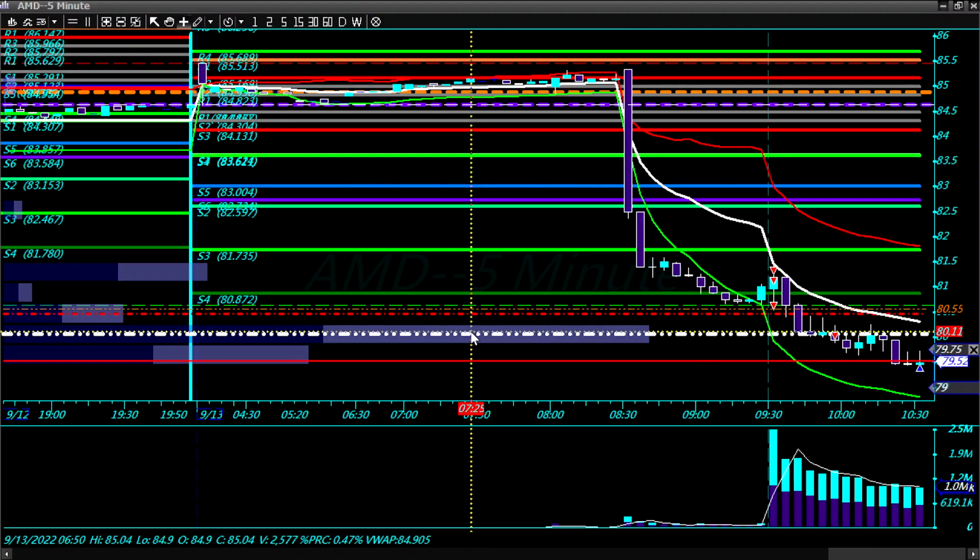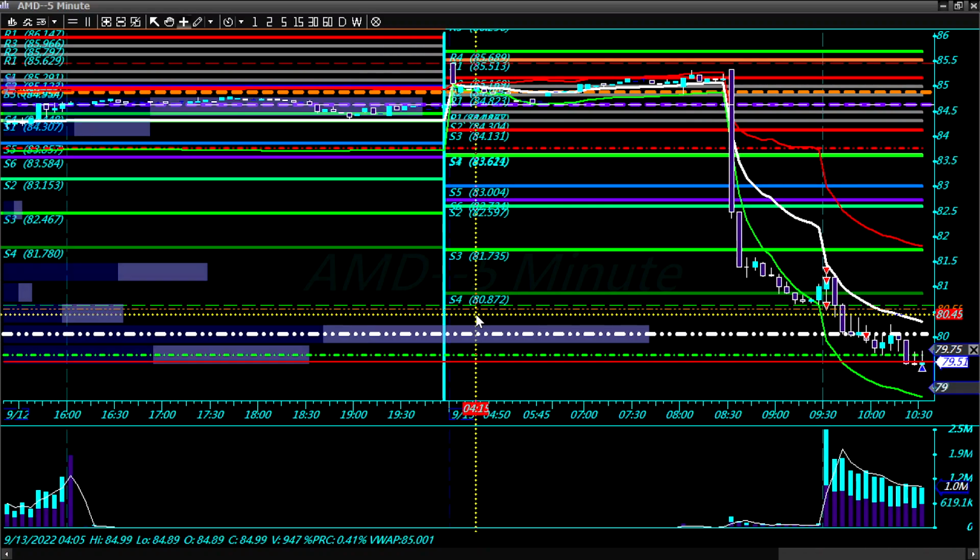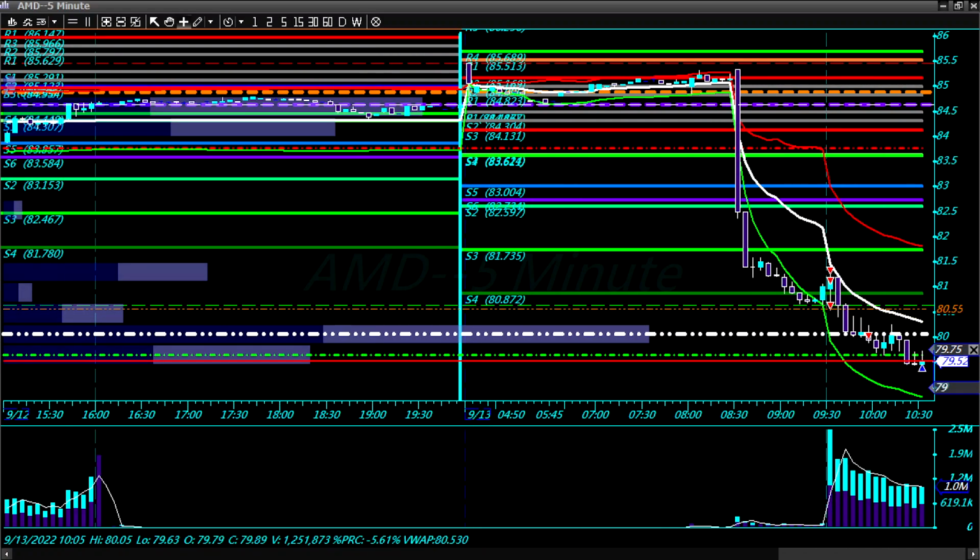Let's see what kind of Camarilla levels we have today. Although it's kind of insignificant right now because of the CPI numbers that came out. But just for good measure, let's go over that. So we have an overlapping lower value relationship with R3 today at 85.16. S3 is at 84.13.